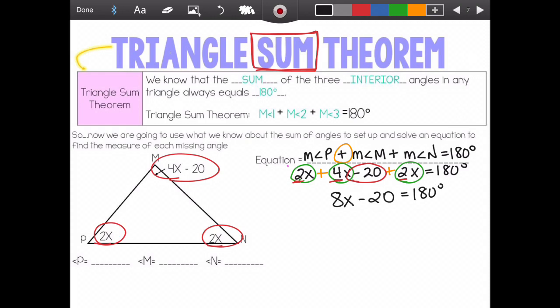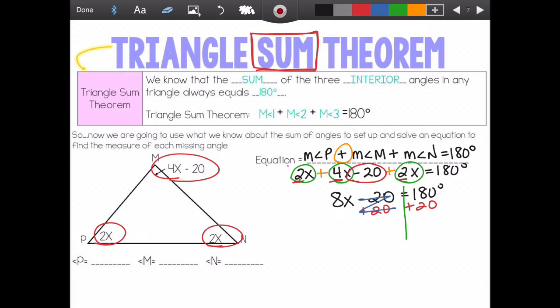And so now we're going to solve for x. I'm going to get rid of this minus 20 by using the inverse operation. So I'm going to add 20 to both sides. We get that zero pair.